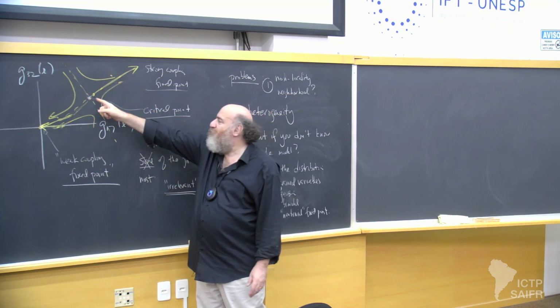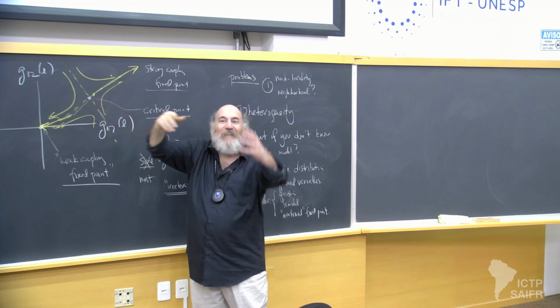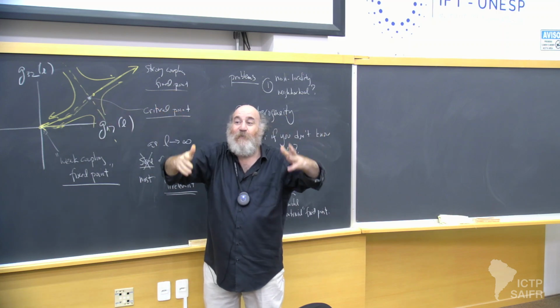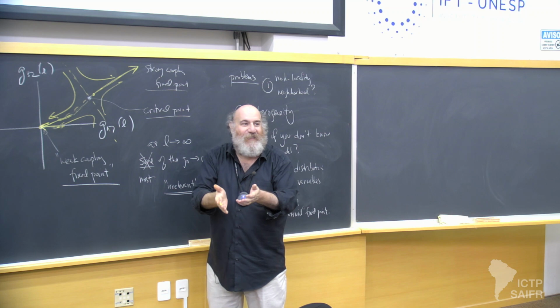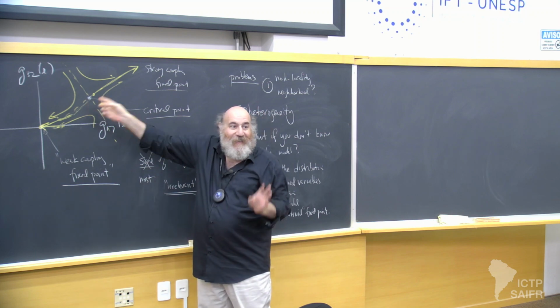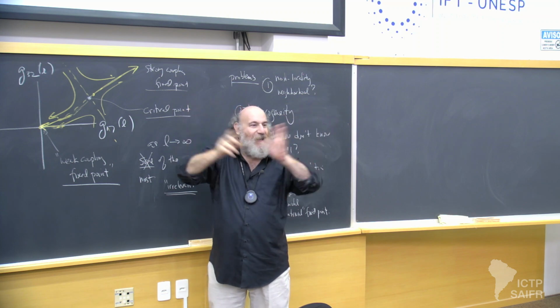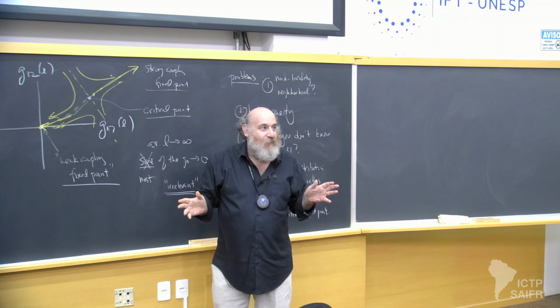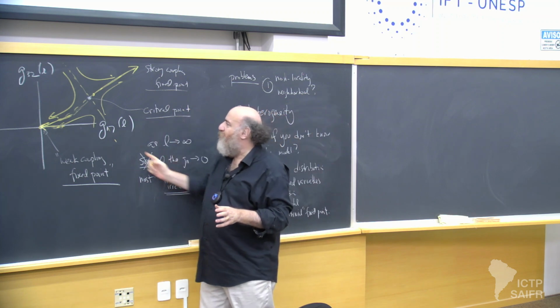Imagine you go to this point and you study what happened, just like when you do dynamical systems: global things are very hard, local things are much easier. So I can go to this point and study the behavior in the neighborhood of the point and understand everything, except, of course, where I started in order to get here.